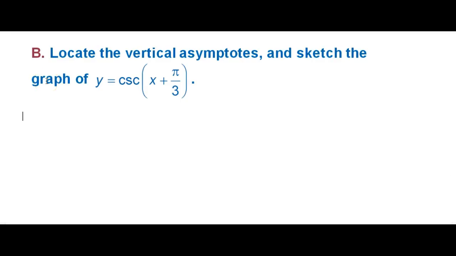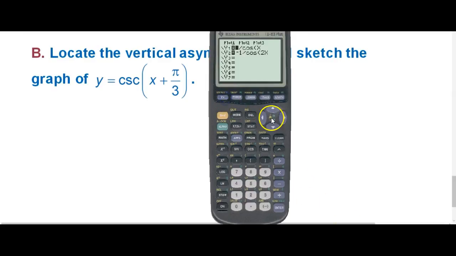Now, just like the sine graph is essentially the cosine graph shifted, the cosecant graph is also going to be a shift of the secant graph. So let's actually look at a picture of that first by putting 1 over sine of x into the calculator.